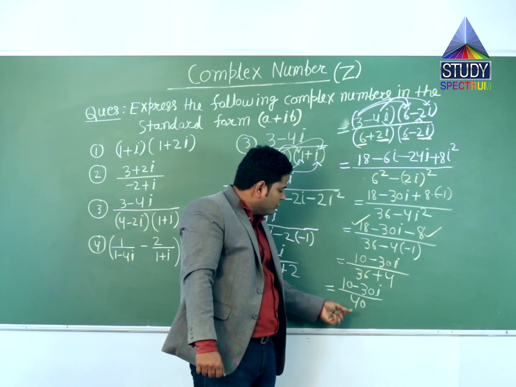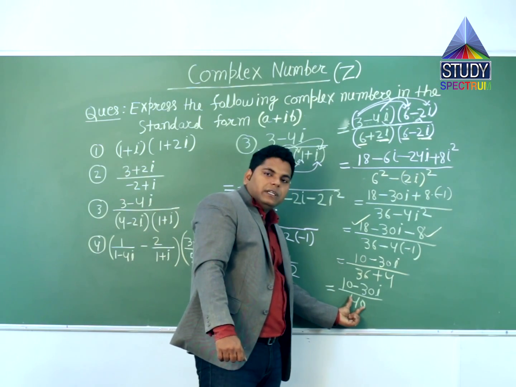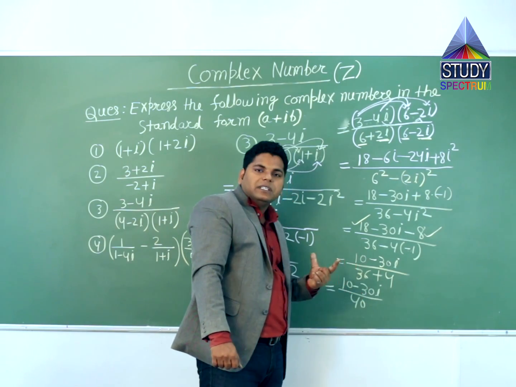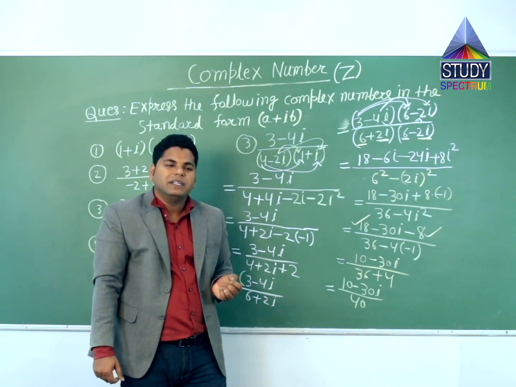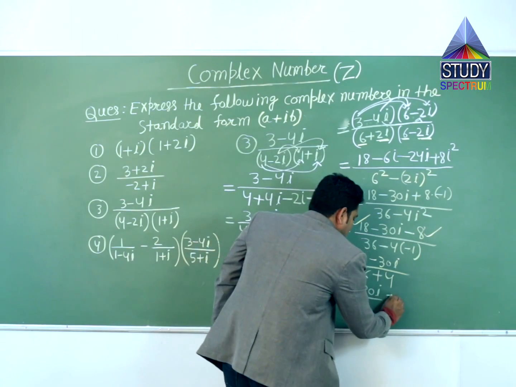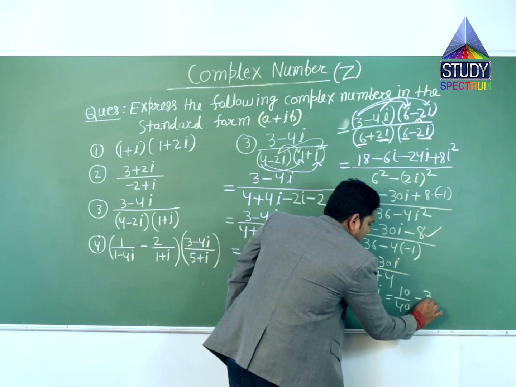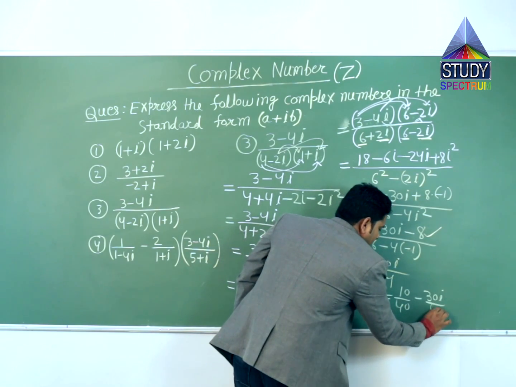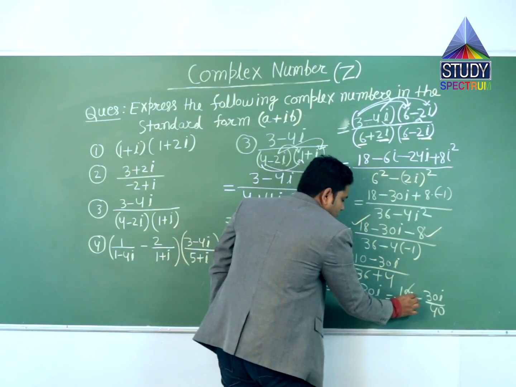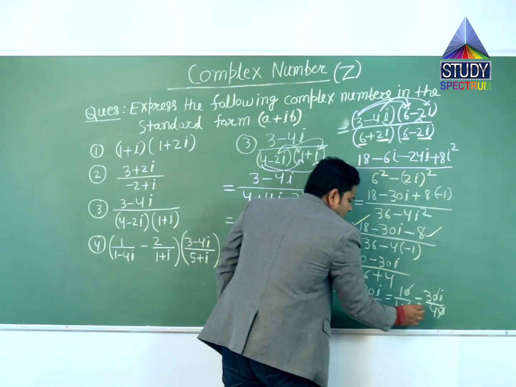So here also we have one term in the denominator and more than one term in the numerator, so we'll separate them. So we'll write here 10 by 40 minus 30i by 40. So the 0 cancels here.